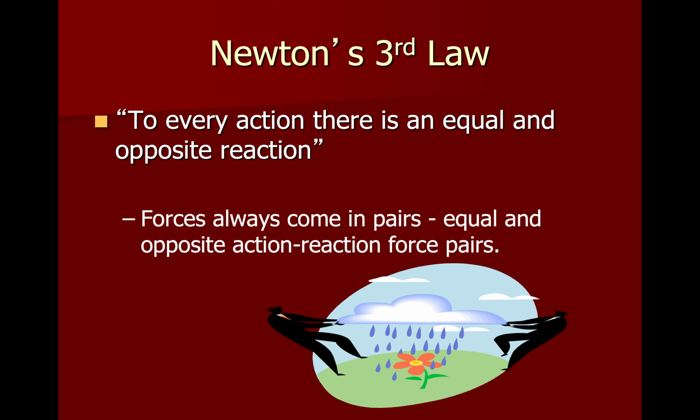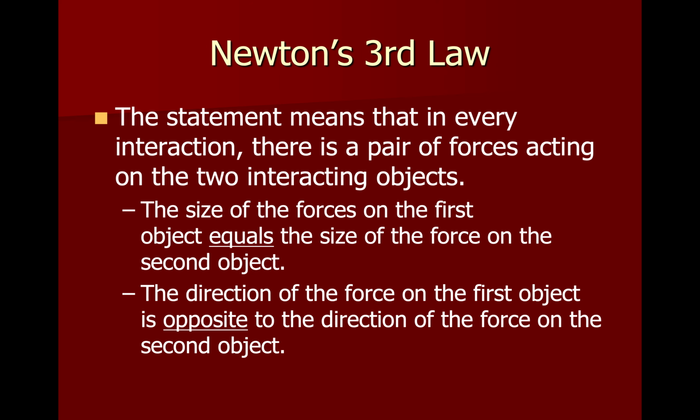All right, so for every action there's an equal and opposite reaction. The statement means that in every interaction there are actually not just one force, but a pair of forces acting on the two interacting objects. So again, if you are pulling an object or pushing an object, there's really two objects, right? Let's go back to the refrigerator and Mike.